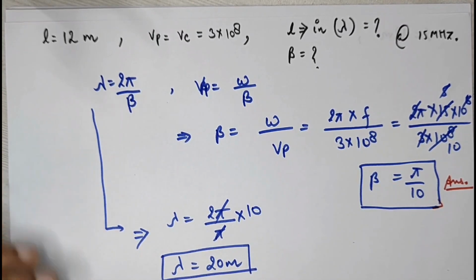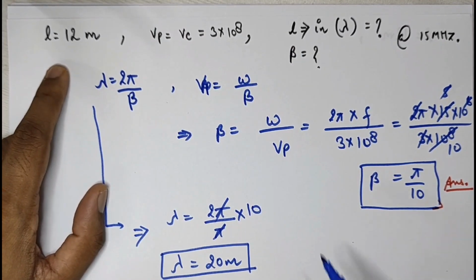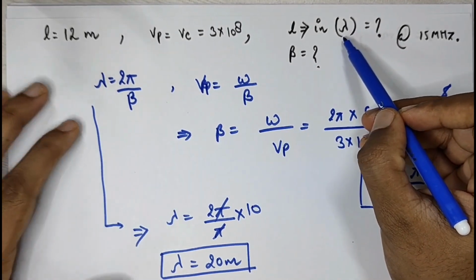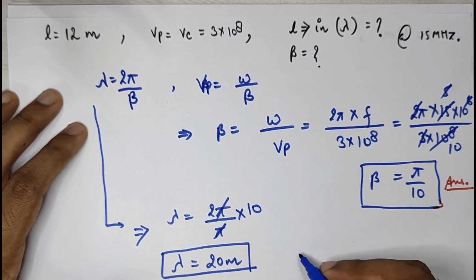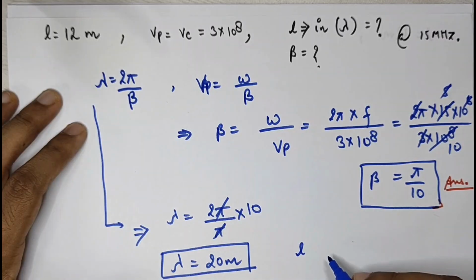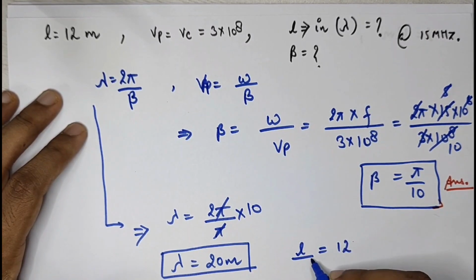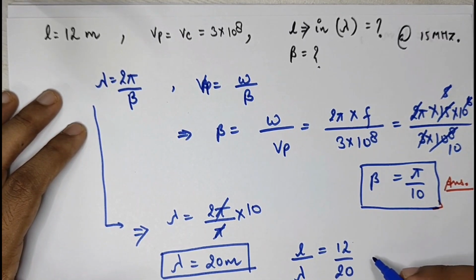Right? Now we want length in terms of lambda, and now we can do that. Length is equal to 12, lambda is equal to 20, so this we can write as 3 by 5.